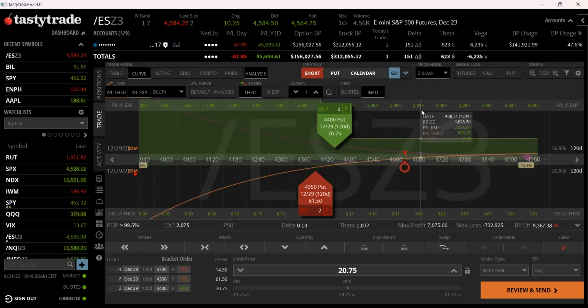So I'm going to pull in around $2,100 on this trade, using about $10,000 in buying power. So that's a nice 21% return in 4 months. Divide the 21 by 4, you're making 5% a month. Perfect trade. So this is what we're going to get into.